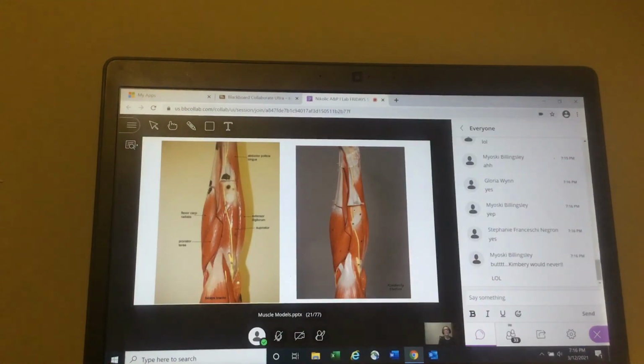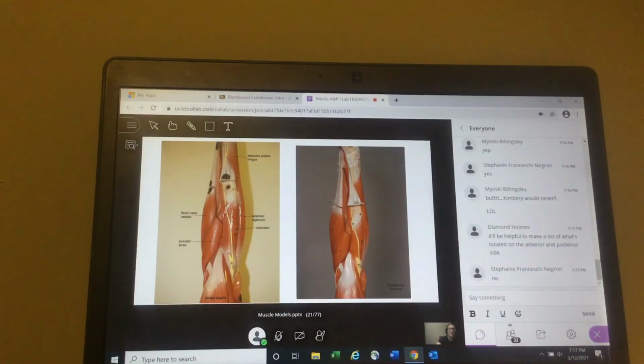Okay. Now, this is also an image. Very quickly. Are you ready? What do you find first? You find the pronator. Yes, y'all knew I was going to do that, didn't you? Pronator teres.